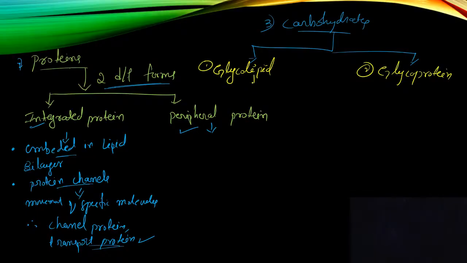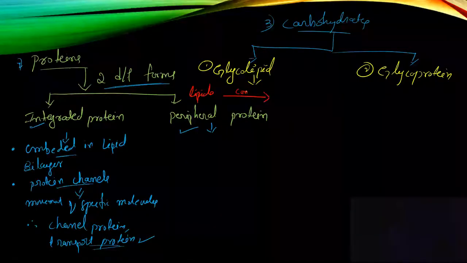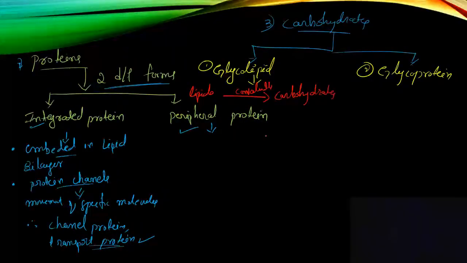Glycolipids means lipids that are covalently bonded with carbohydrates. They are located exclusively on the extracellular leaflet of the plasma membrane.